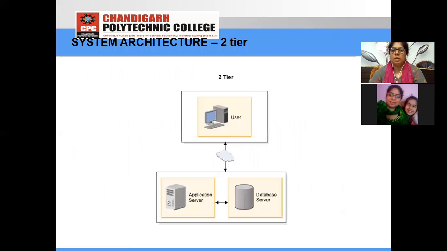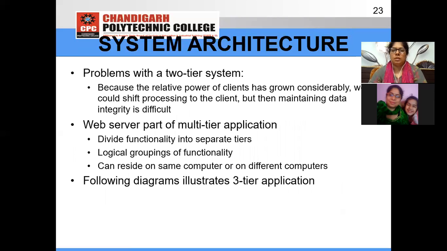If it is a two tier architecture, on the one side we have the user, on the other side we have the server. Server can be of two categories, application server and database server. The user is requesting first the application server, which is requesting the database server, and finally the document is displayed to the user.